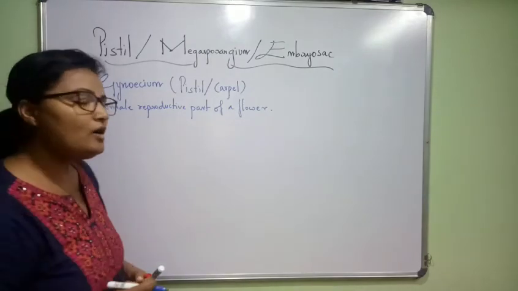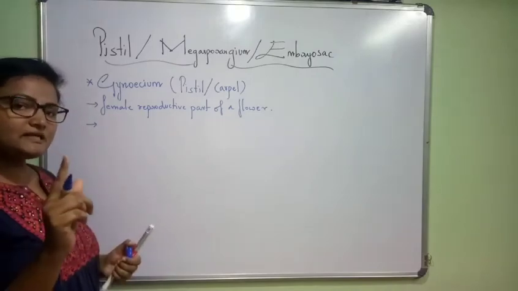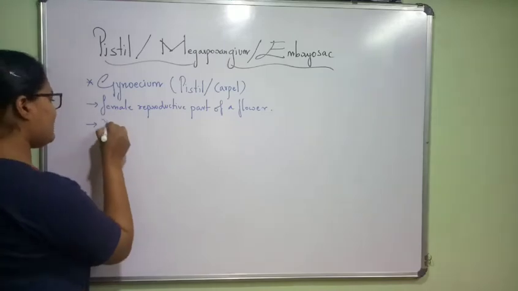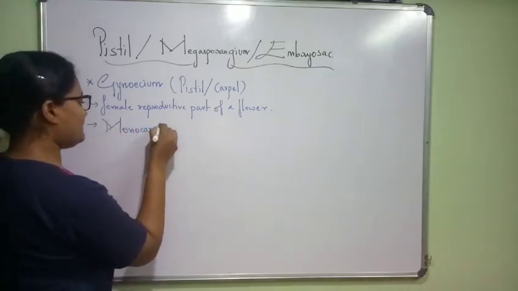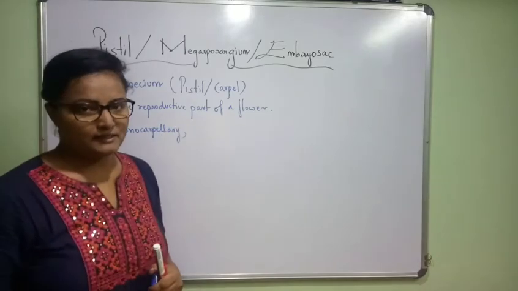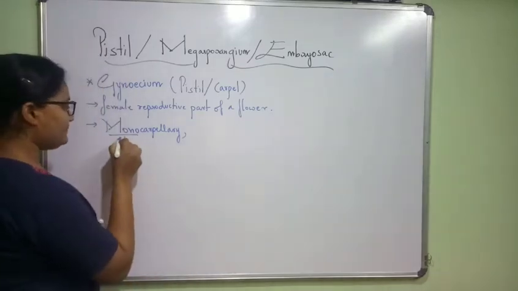Okay, so based on whether the flower consists of a single pistil or single carpel, such flowers we call monocarpellary. That is a single carpel or single pistil.